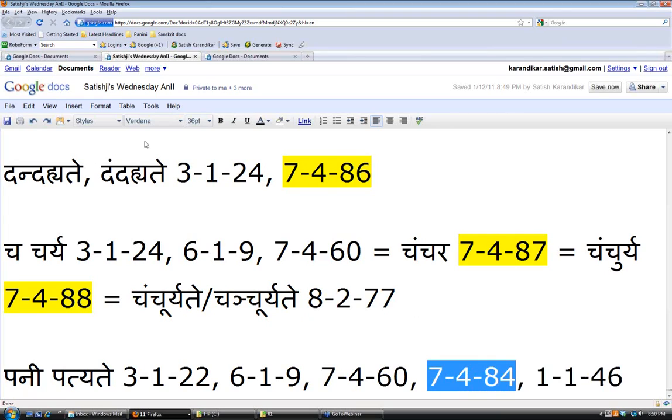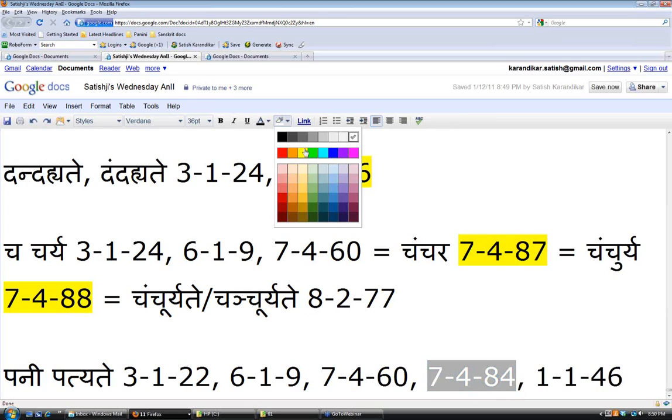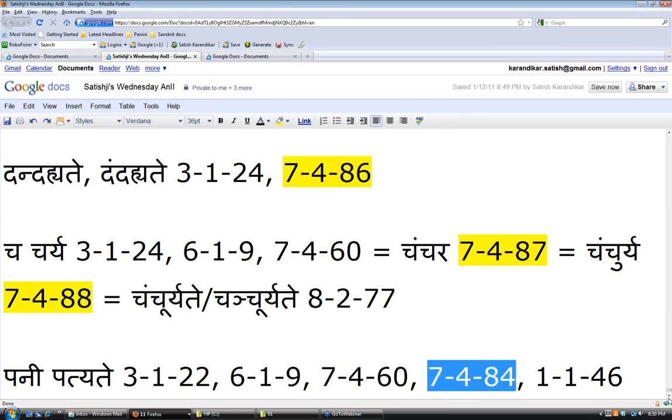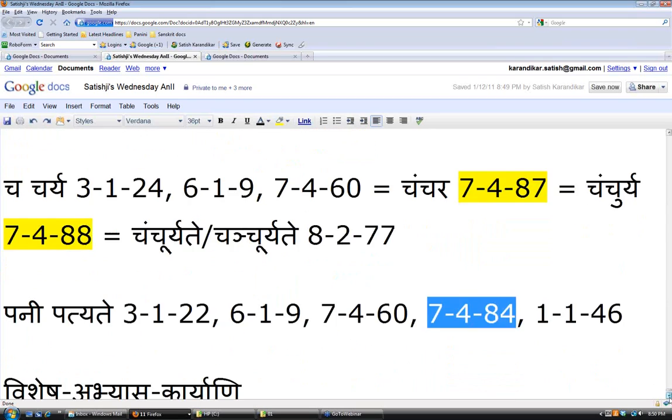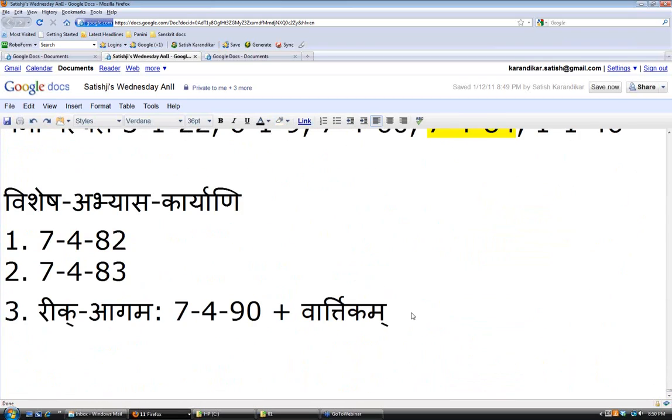Let me just finish our list down here also. So we got the nuk agamaha by 7485, etc. Neek agama came by 90. The nuk agama, which in the nuk agama would have been upadesh ajunanasika itah. So nuk agama, which is really an anuswara agama, put that by the vartikam.